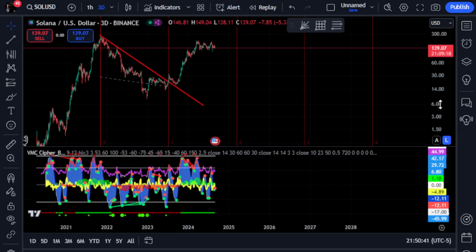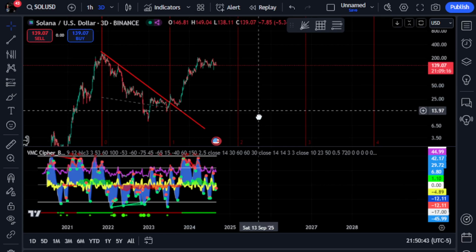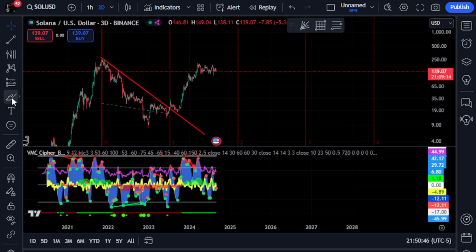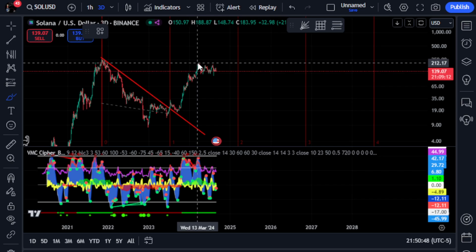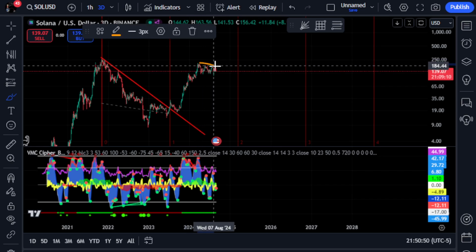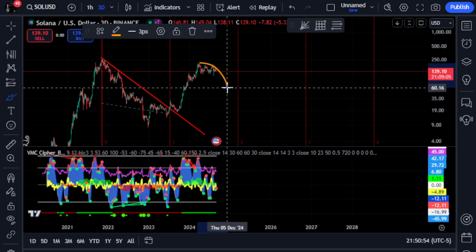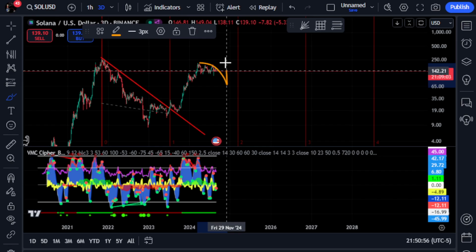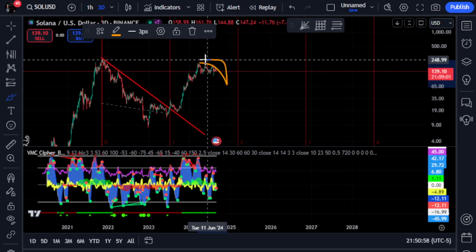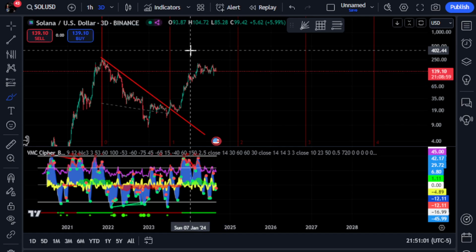So let's look at our price action. We've got our time cycle up here. We have this nice curvature on these highs. So this is kind of coming out at about December, just like a lot of other crypto things in the momentum I see.